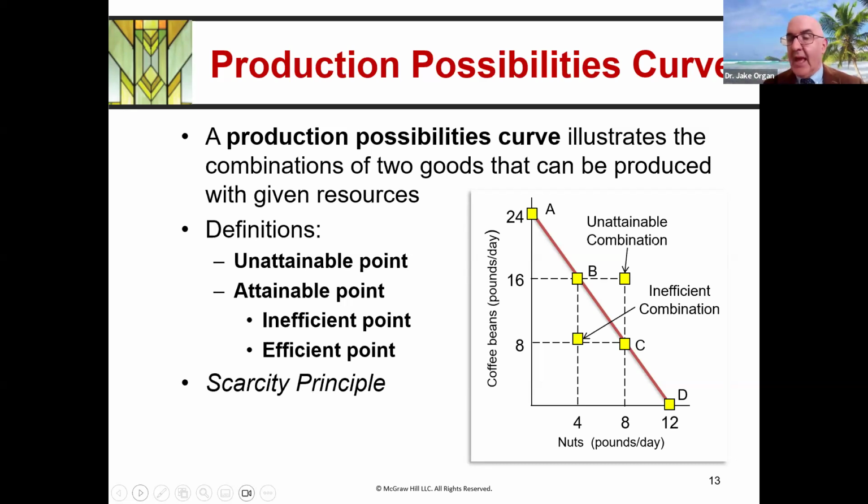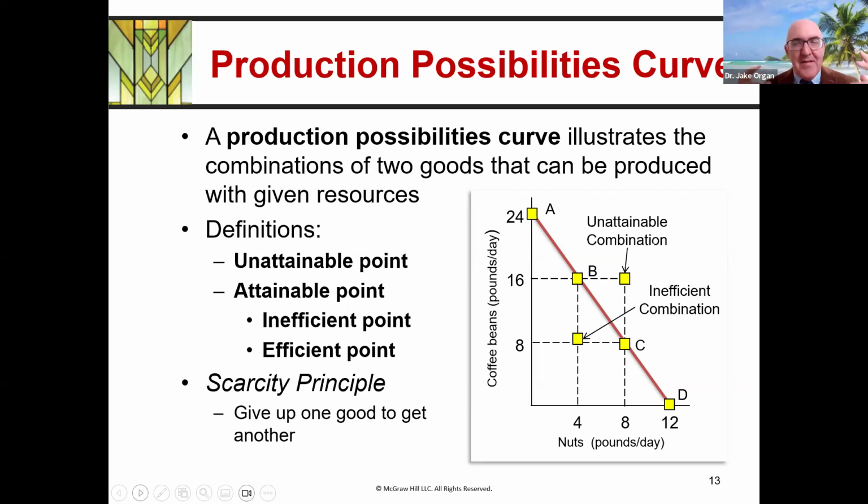And the scarcity principle is that if you're on the production possibilities frontier, the only way you can get more of one good is by giving up some of the other. So if you're at point B and you think, I really need some more coffee, yeah, you can do that, but only if you're giving up some nuts.